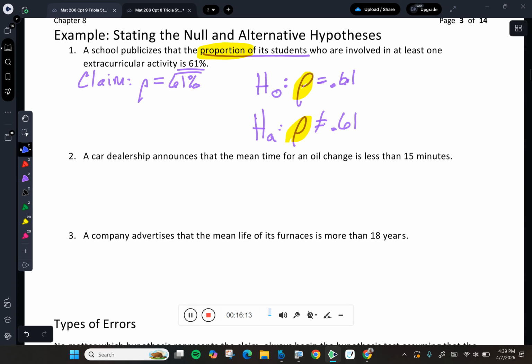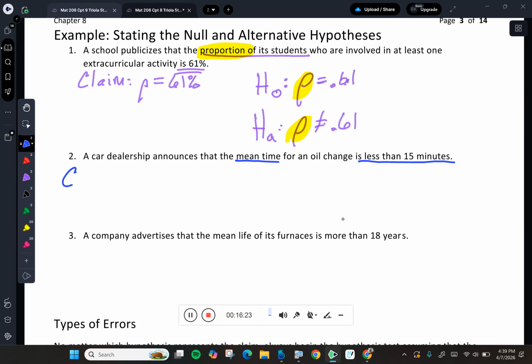All right, let's take a look at number 2. In number 2, a car dealership announces that the mean time for an oil change is less than 15 minutes. So we have a claim here. The claim is about the mean. So the population mean is less than 15 minutes.